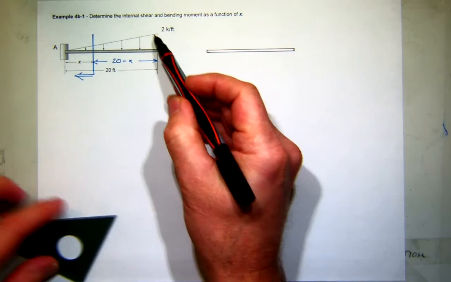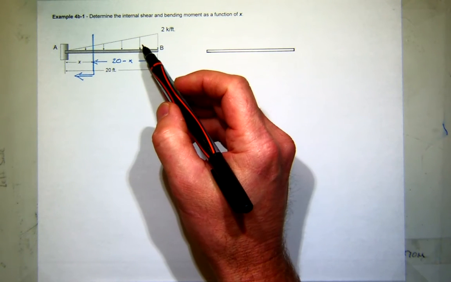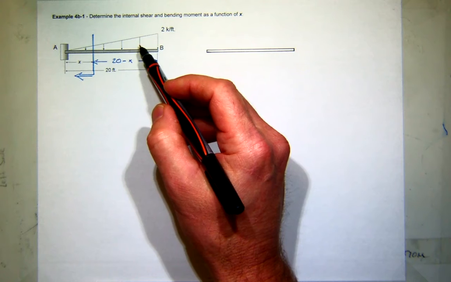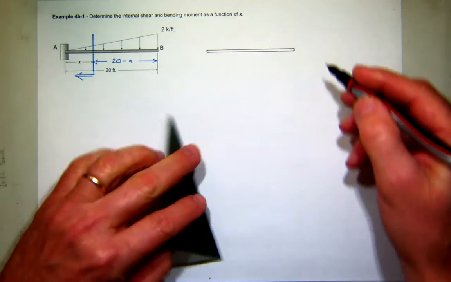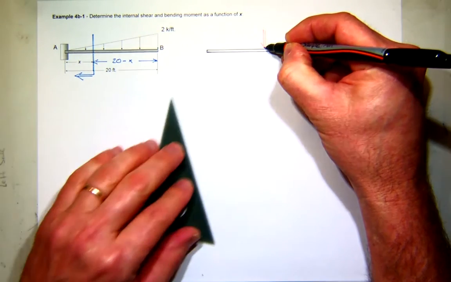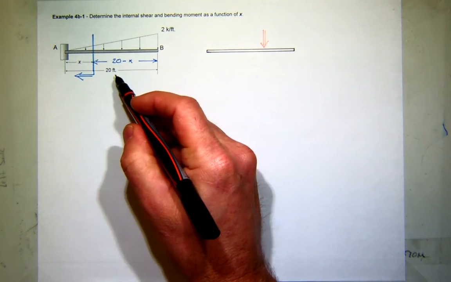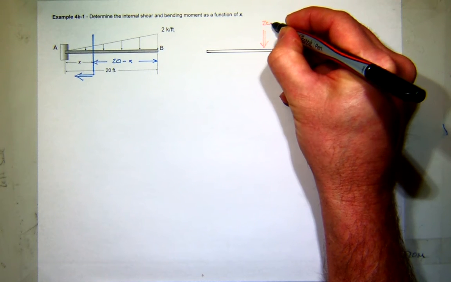The concentrated equivalent force for the whole structure, since it's a triangle, is going to be 1/2 the base times the height. It's going to be located at the centroid of the triangle. So 1/2 base 20 times height 2 is a force of 20.